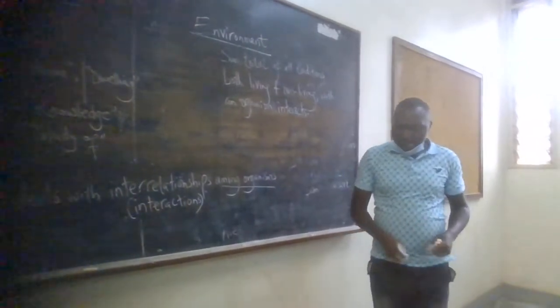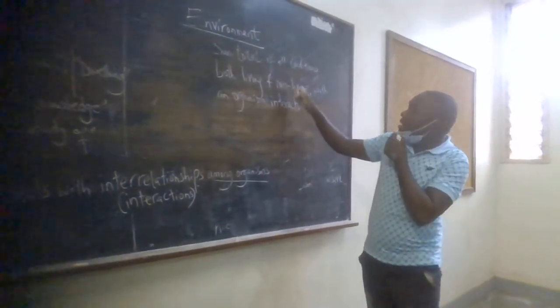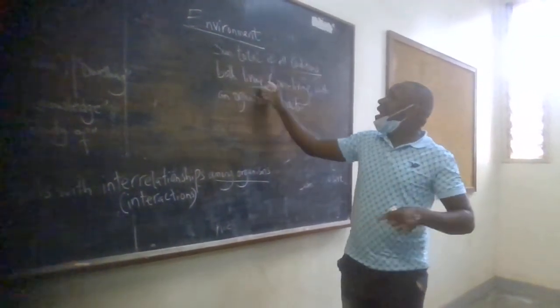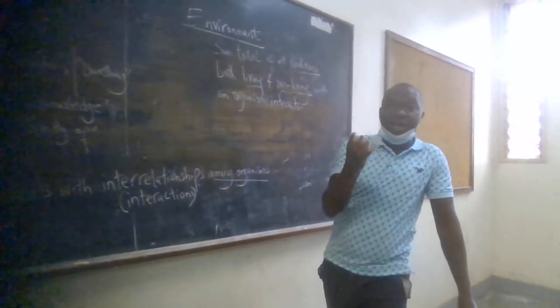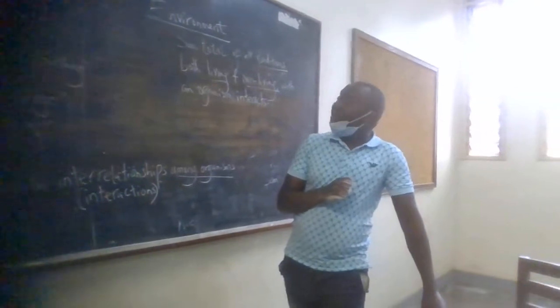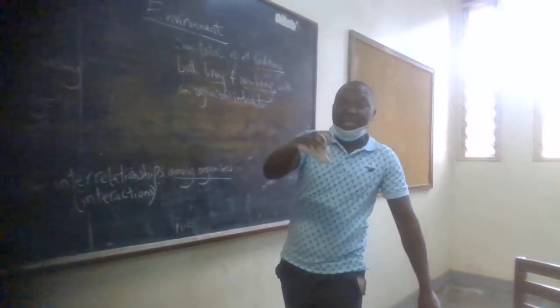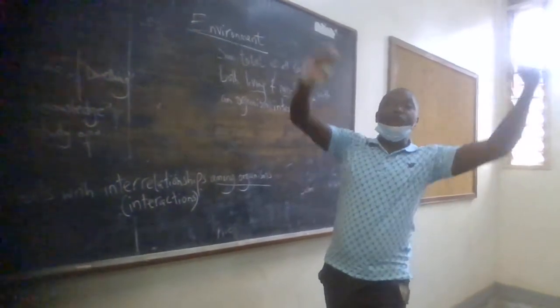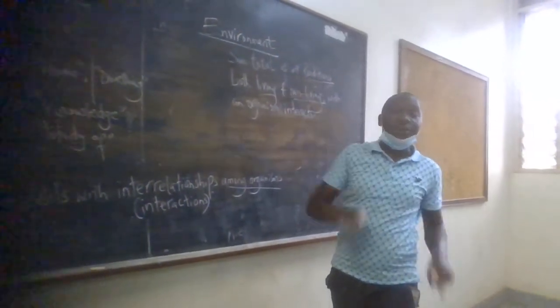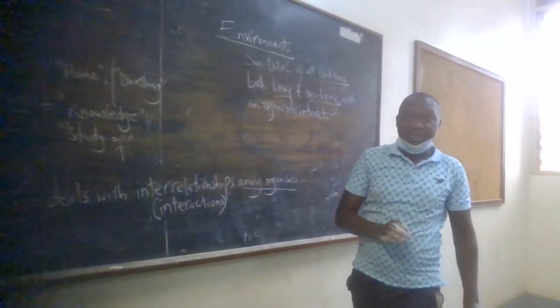Interacts. And it is these conditions, living and non-living, that determine the behavior of an organism, the abundance of an organism and the distribution of an organism. You get the point?